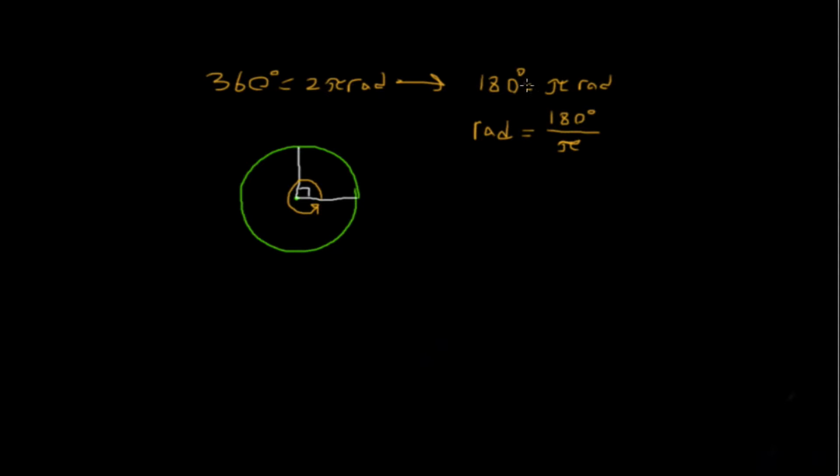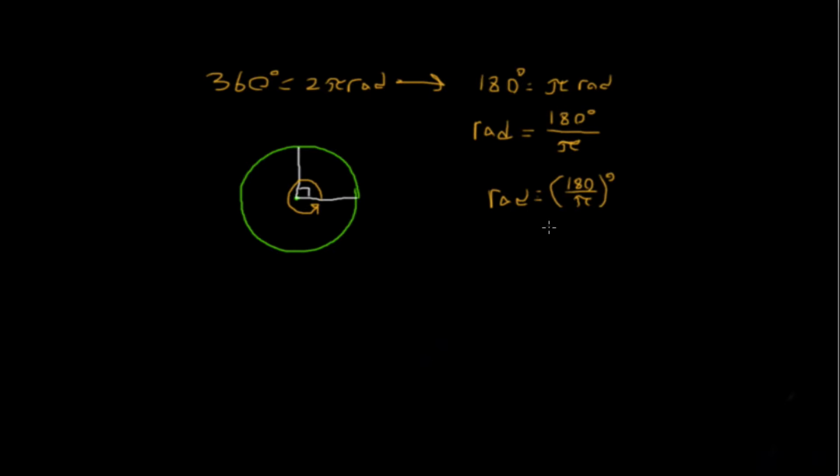This is 1 radian, 2 pi times 1 radian, 360 times 1 degree. So, basically, a radian is equal to 180 over pi degrees.